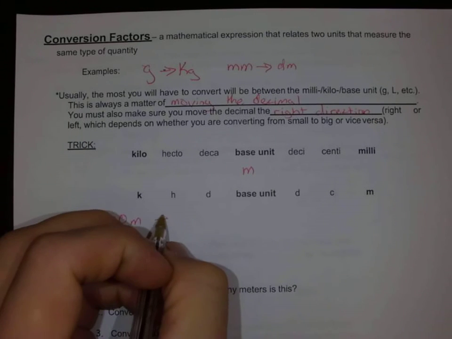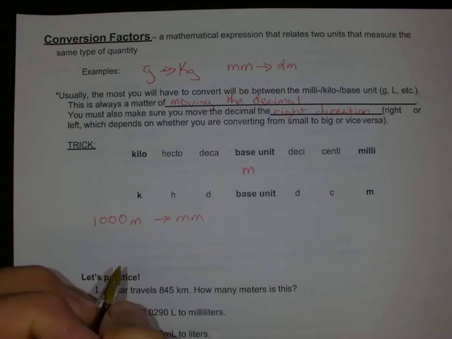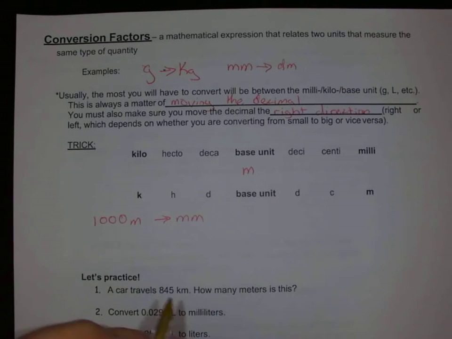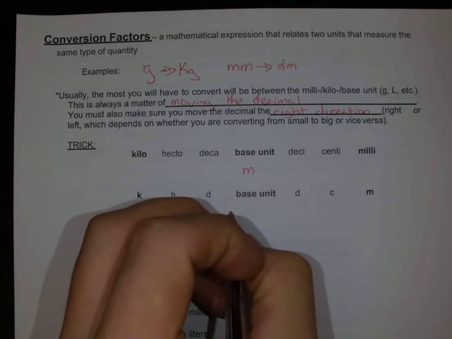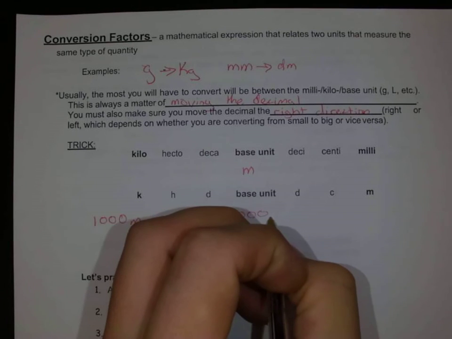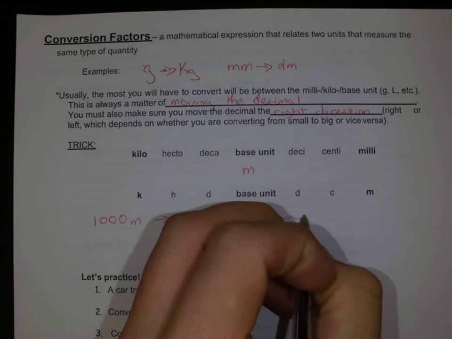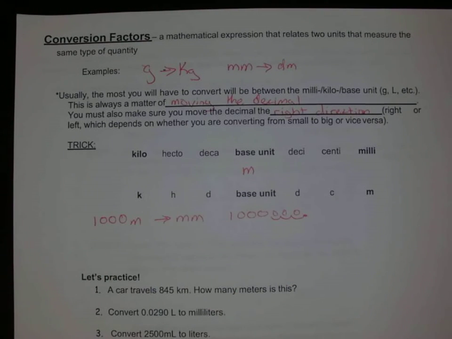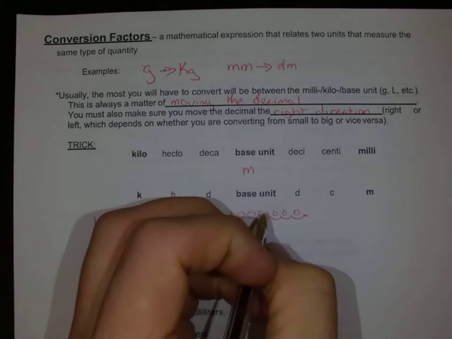If I wanted to convert it over to millimeters, what I'm going to have to do is move it 1, 2, 3 decimals. So 1,000 meters, I'll go 1,000. I'm going to move it 1, 2, 3 spots over to here, and now I've got 1,000,000 millimeters, okay?